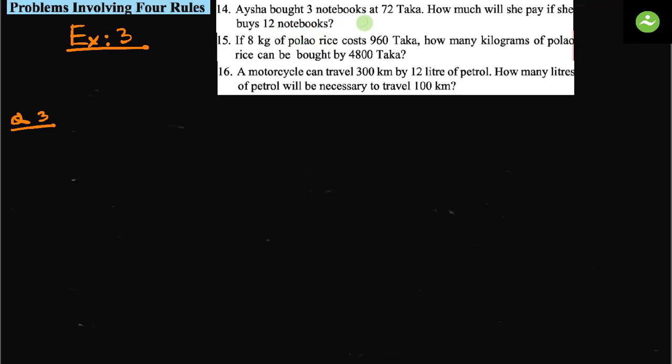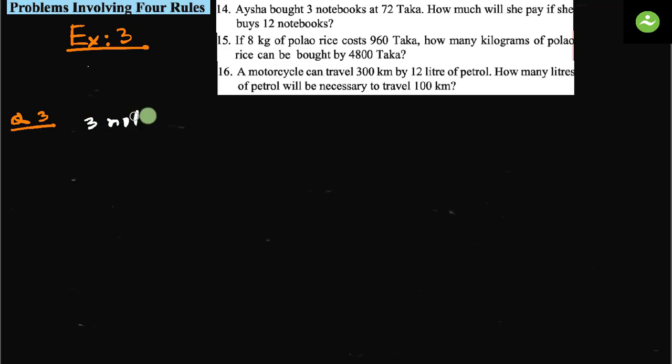So we can rearrange this sentence: 3 notebooks cost 72 taka. So 12 notebooks cost how much? So we just write this sentence.